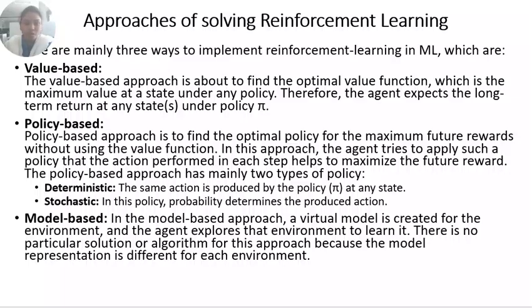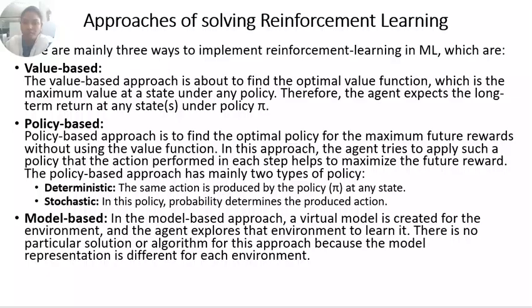Next one is the policy. As we already discussed, policy is nothing but the approach or the strategy we are following in the environment to get the reward. So the policy based approach is to find the optimal policy, the optimum strategy, to get the maximum or optimum result. We are getting the maximum future reward at the end without using the value function.